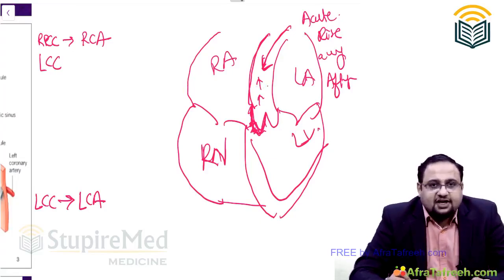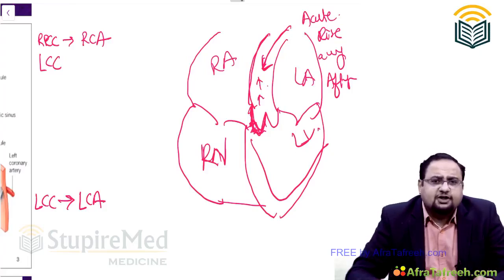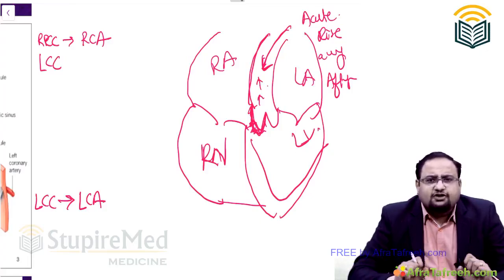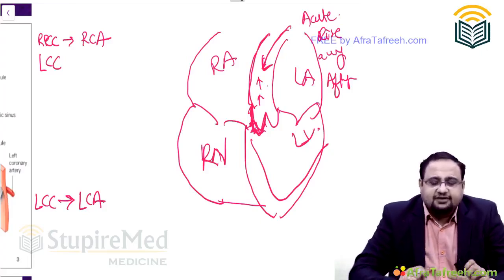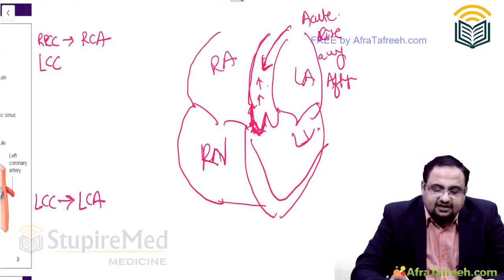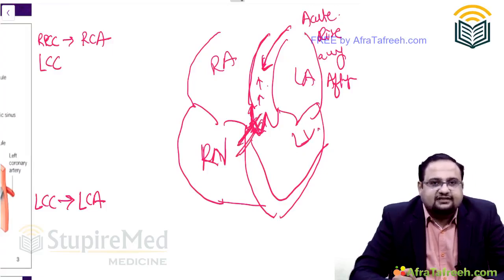If they suddenly lift heavy weights or dumbbells, or push a cart with very high pressure, this will result in sudden rupture of this coronary sinus.